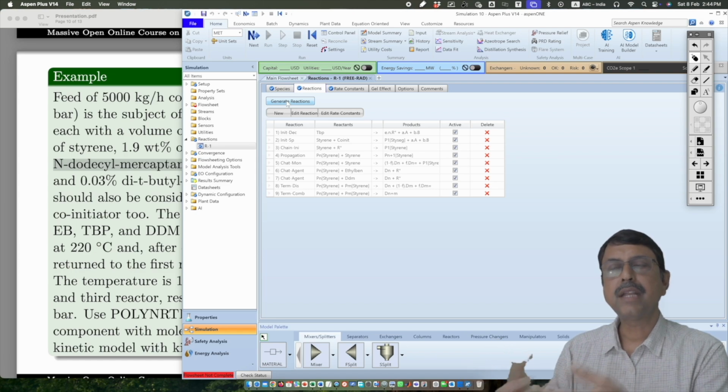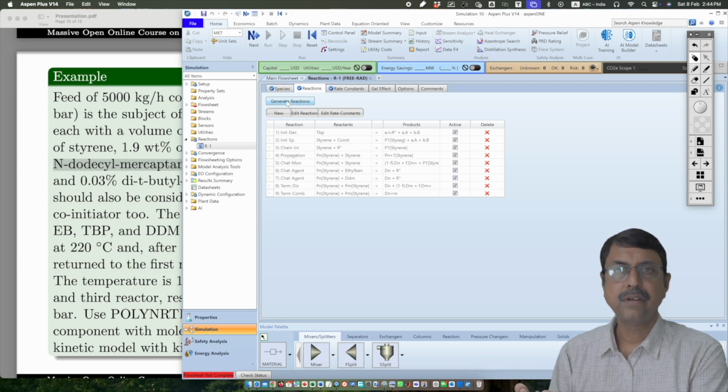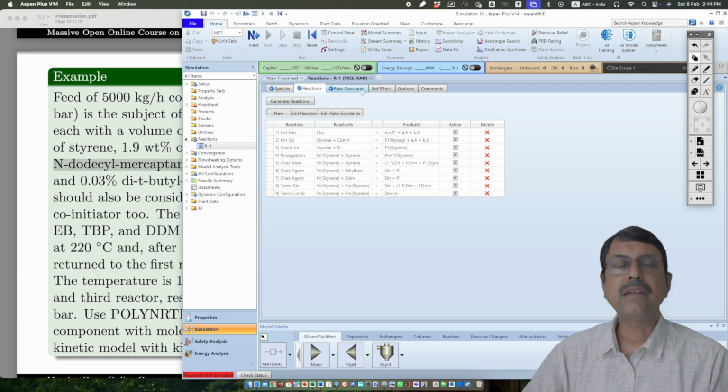Based on that, it will generate this series of reactions. Only you have to supply the rate constants, nothing else. So these are the set of reactions that are generated, but all of them may not be relevant for you.